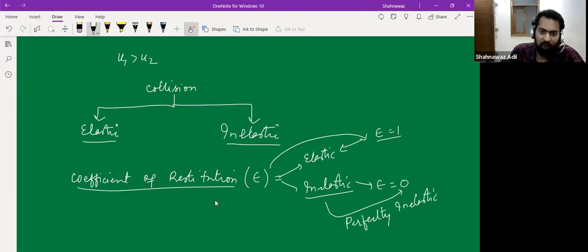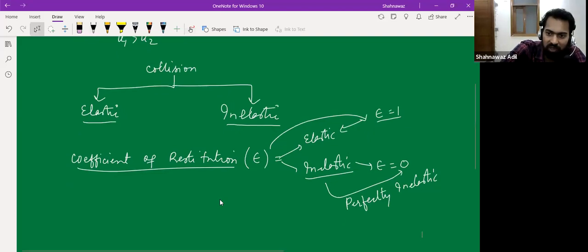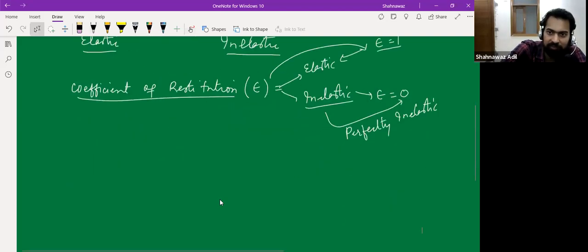And what is the value of this epsilon, the coefficient of restitution?